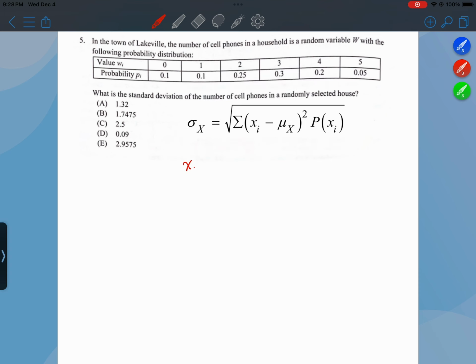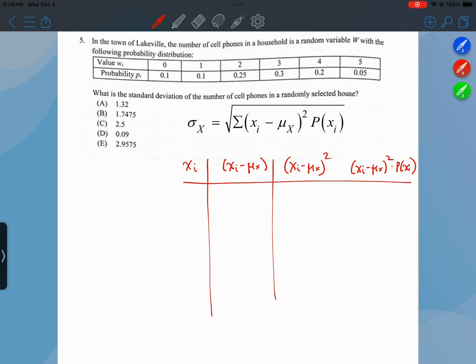All right, so the x values, the x values minus the mean, the x values minus the mean squared, and then the x values minus the mean squared times the probability. Oh, goodness. This is going to be a long video. All right, 0, 1, 2, 3, 4, and 5.